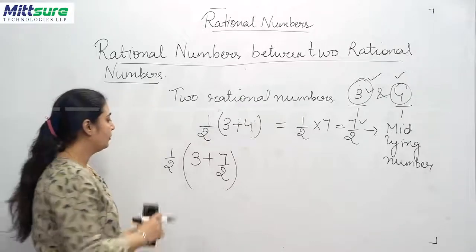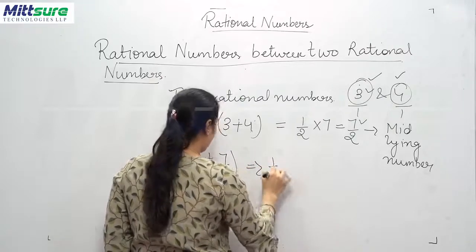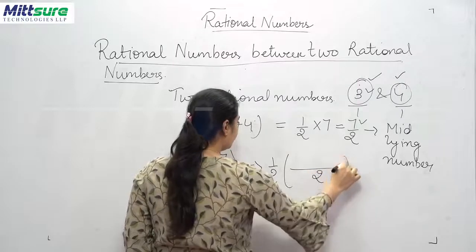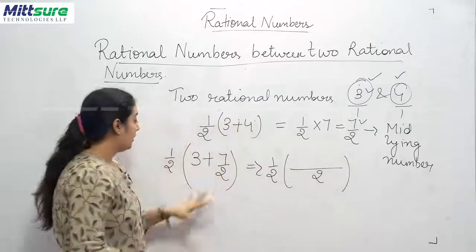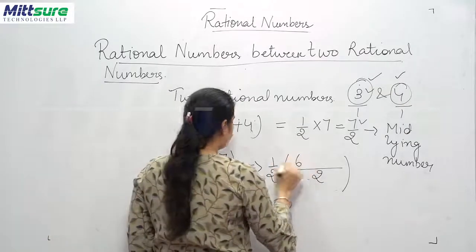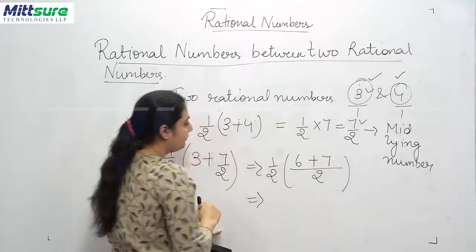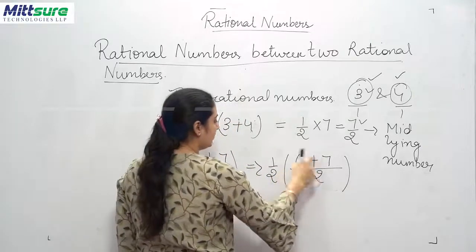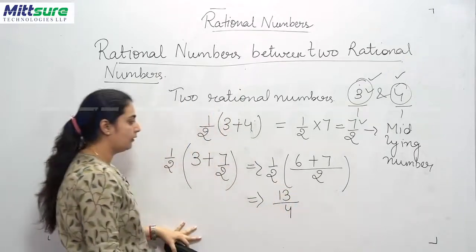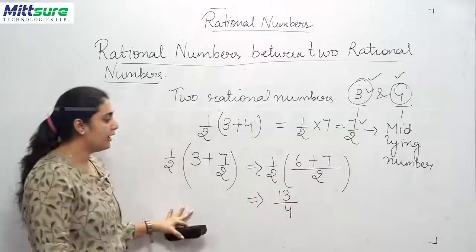Now we will take the LCM. 1 upon 2 remains outside. When you take the LCM, it is 2. Now 3 will be multiplied by 2. It will become 6 plus 7. So we get 13 upon 4.